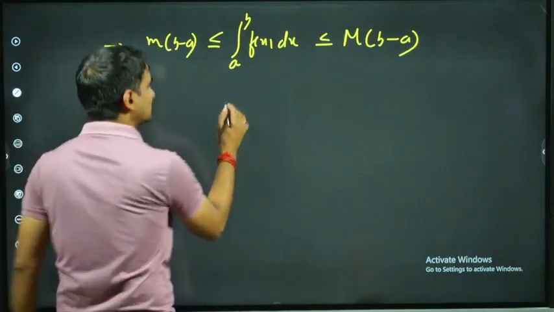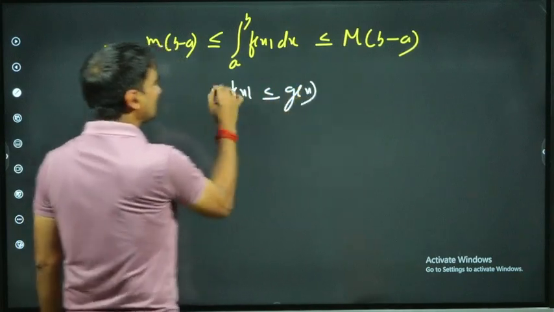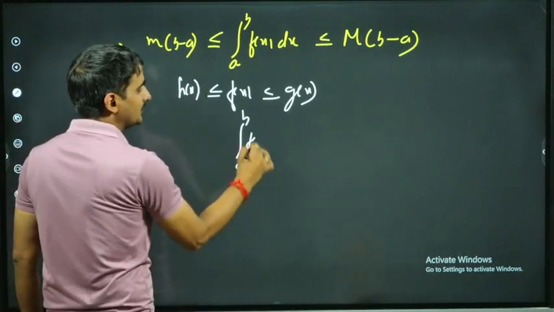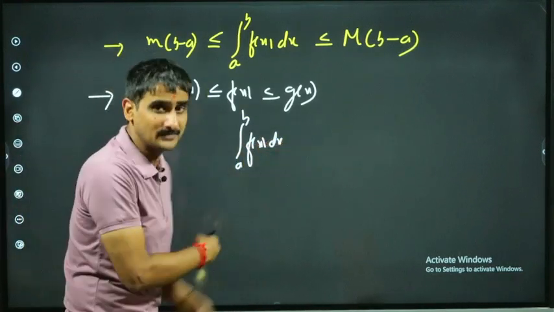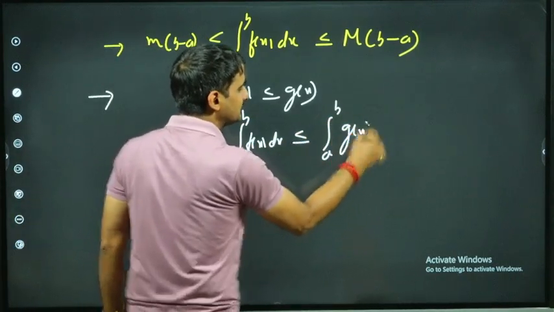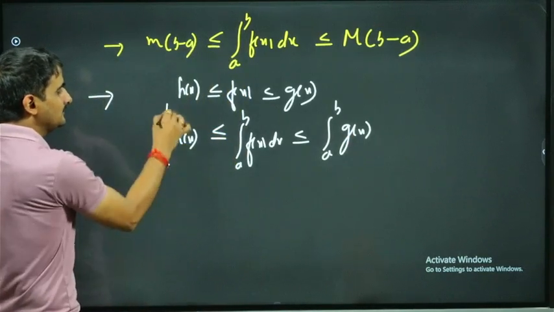And the second form is, if f(x) lies between two functions, let's say g(x) and h(x), then we integrate and say the integral of f(x) with respect to x from a to b will also lie between the integral of g(x) between the same limits and the integral of h(x) again from a to b.